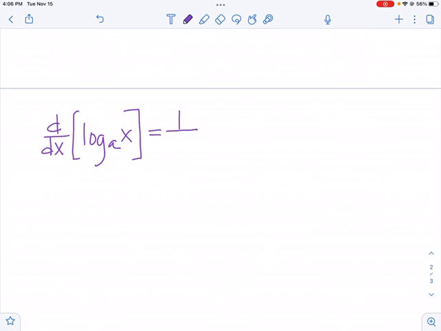Well, we said 1 over ln of a, times 1 over x. And we often write it like this, 1 over x ln of a, putting the x in front. Transcendental means it goes beyond algebra kind of stuff. So that's all your trig functions and your logarithms and exponentials.